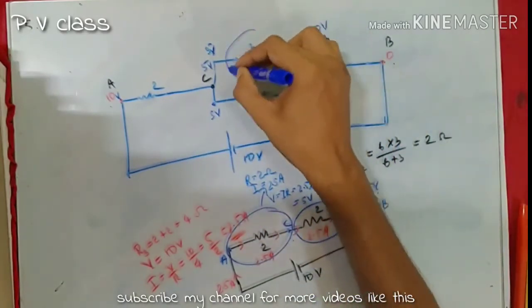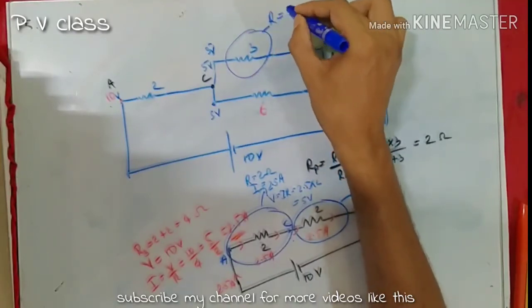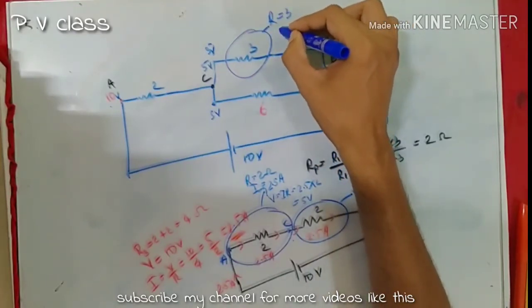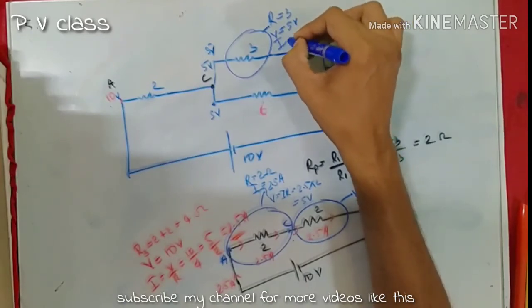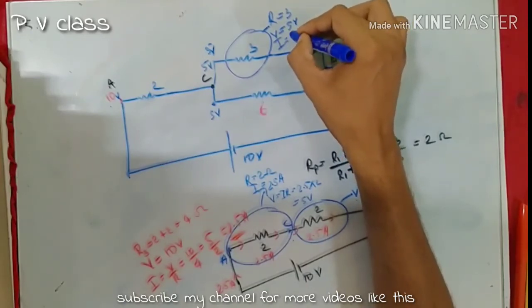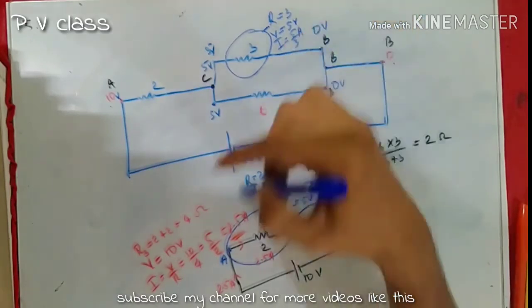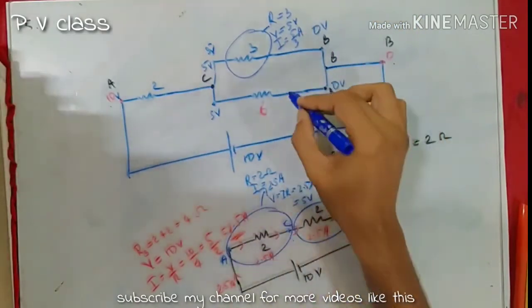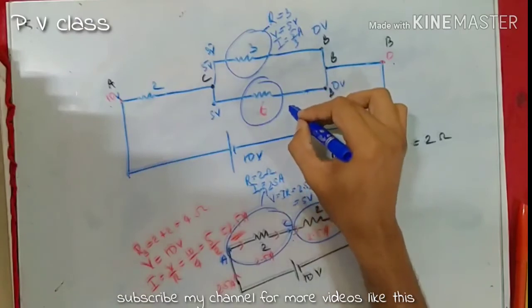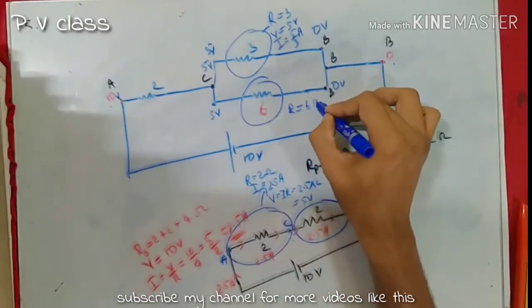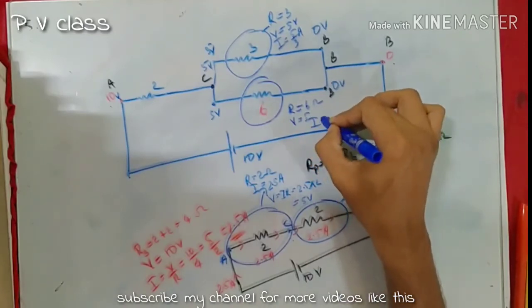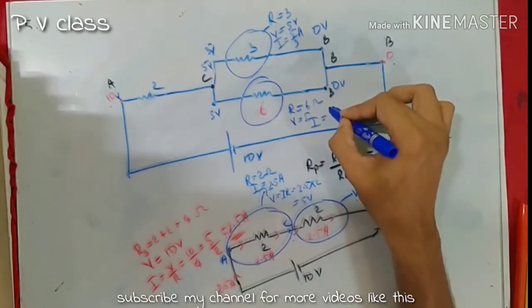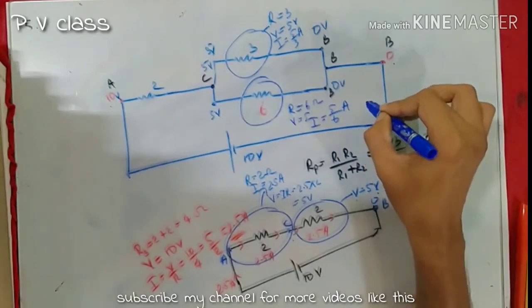Therefore in this case resistance is 3, voltage is 5 volt, and current will be V by R, that is 5 by 3 ampere. And in this case resistance is 6 ohm, voltage is 5, therefore current is equal to 5 by 6 ampere.